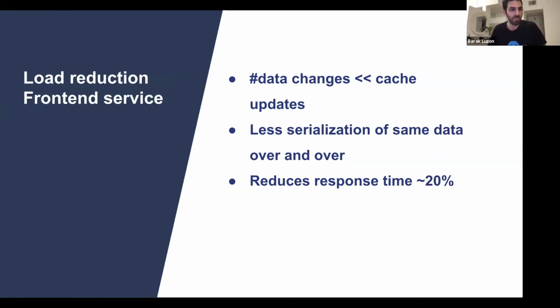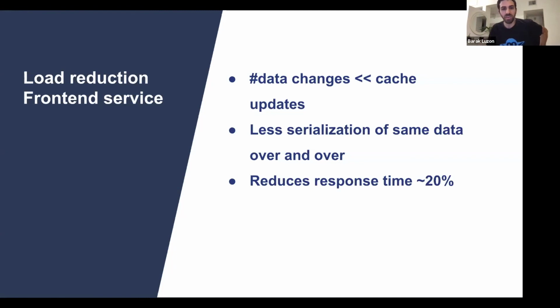And I've promised load reduction, right? Because fast changes are not enough to have this complicated system. So the number of data changes that we have is way, way smaller than the cache updates. So assume that you have a cache with 500,000 records in it, and we have a bunch of those.